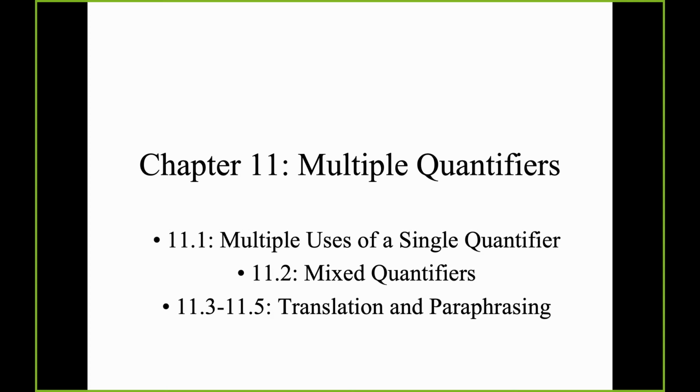Second thing I want to mention is that from chapter 9, I want you to be comfortable with understanding how to read an ordinary English sentence in terms of the requisite or relevant quantifier, right?